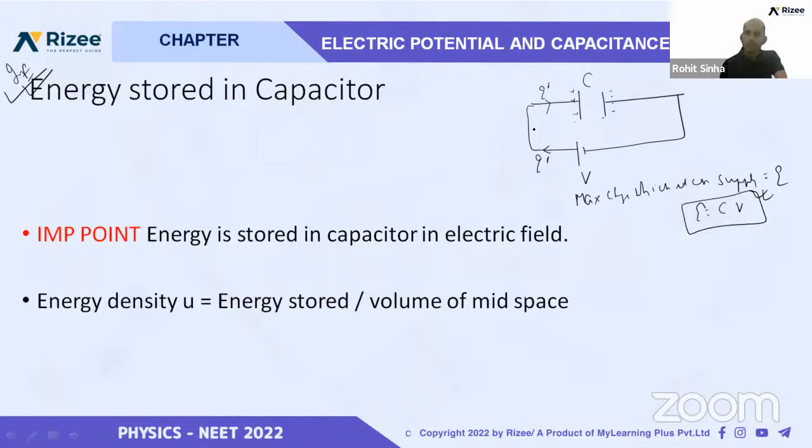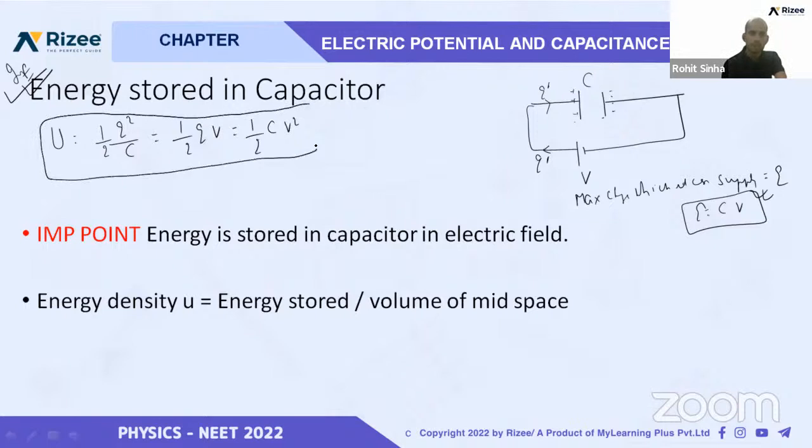Okay, this will be maximum. So after doing this calculation part, we get energy stored in capacitor U is equal to half Q square by C is equal to half QV is equal to half CV square, and this is the most important formula. You have to remember this. Very important formula. Lots of numericals we can solve from it.